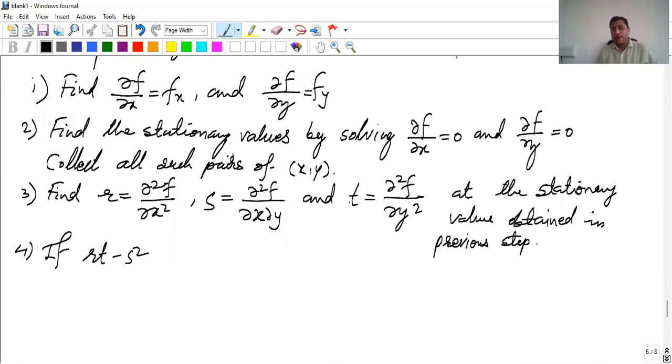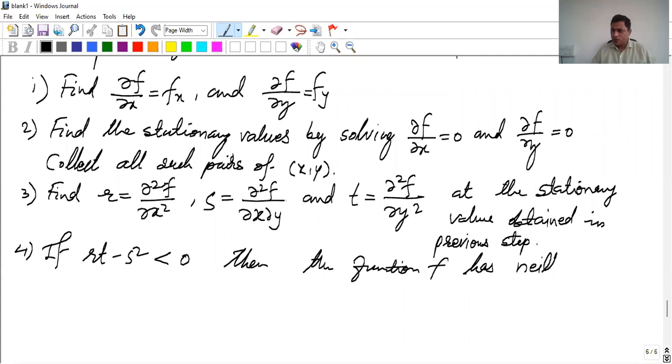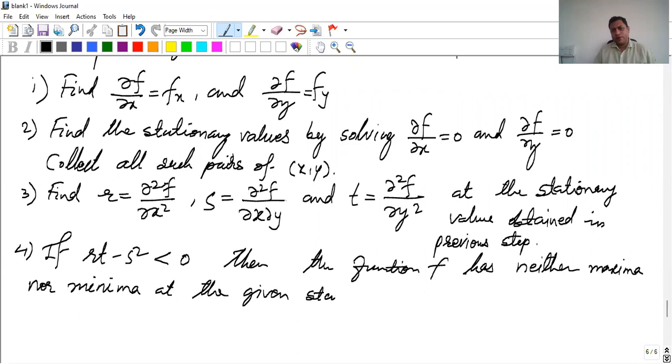So RT minus S square, if it is less than 0, then the function f has neither maxima nor minima at the given stationary point.